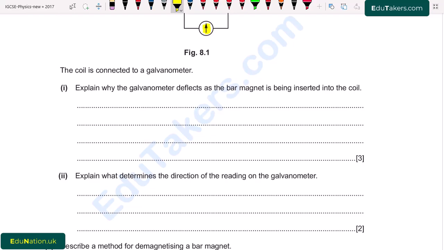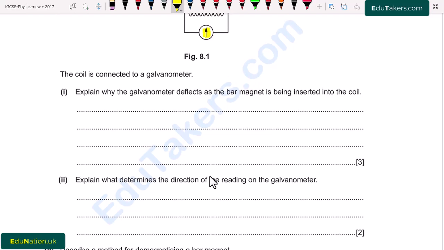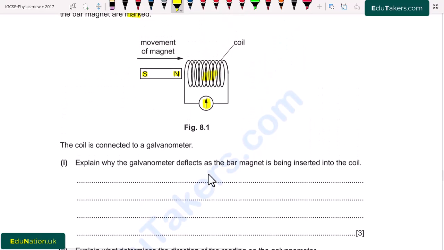So when we insert the bar magnet into the coil, the galvanometer shows deflection. We have to explain how the galvanometer shows deflection. So first of all, we can see this figure. This is a coil and there is a magnet with north and south pole.